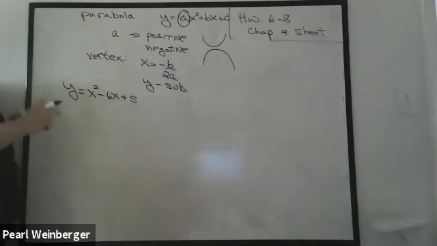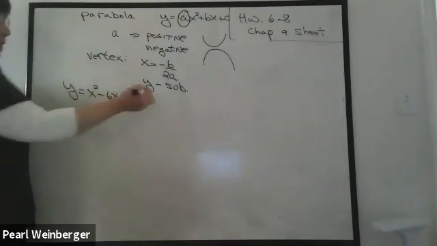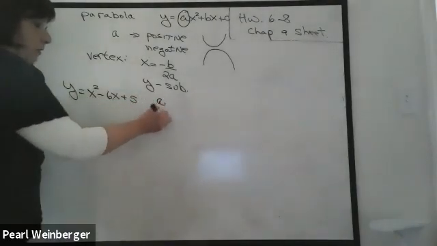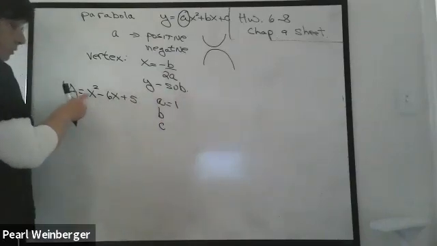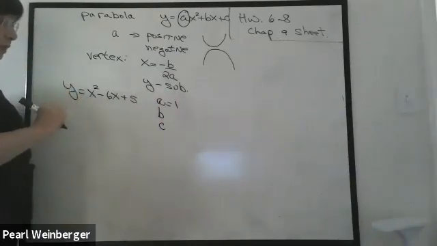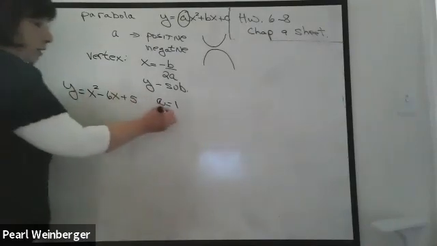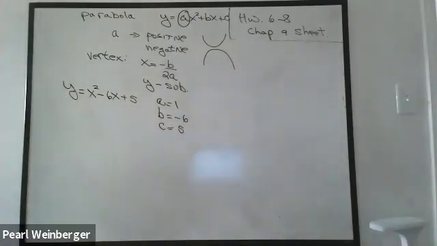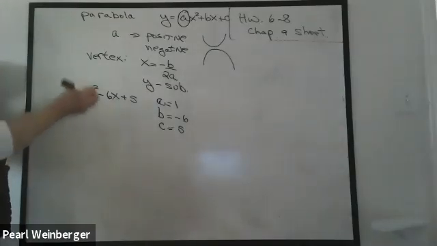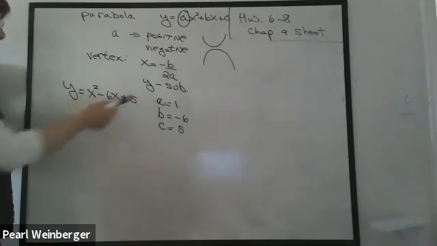Let's put down what the a, the b, and the c are. The a is 1, because there's nothing in front. The lead coefficient is obviously 1. The b is -6, and the c is +5. I recognize the a is positive, so this is opening up.